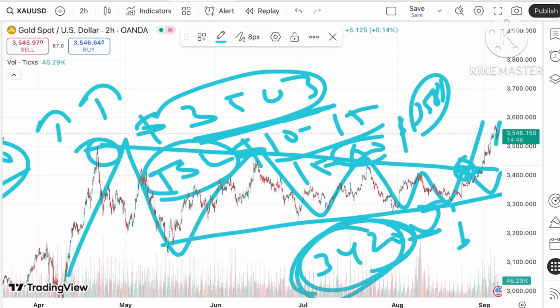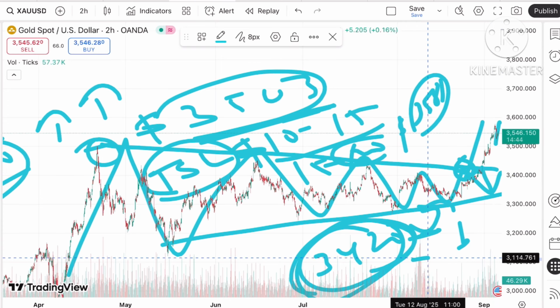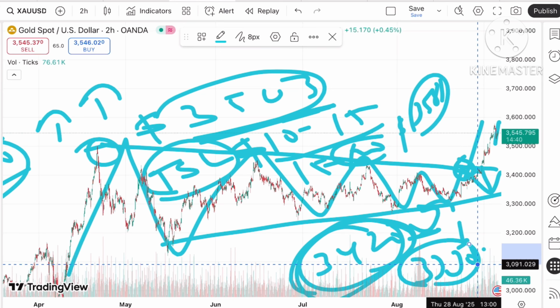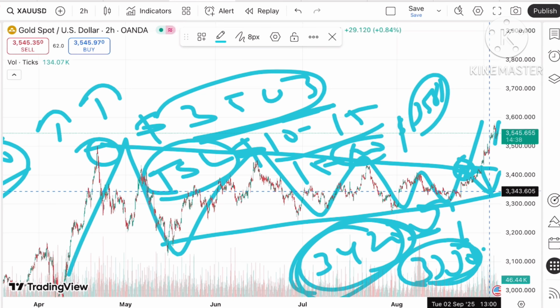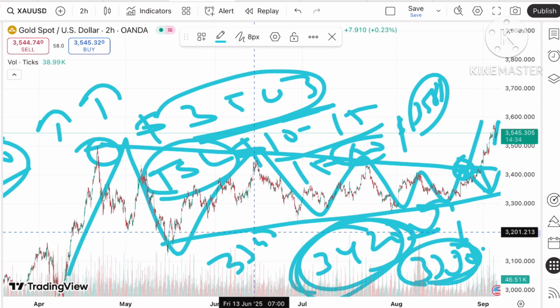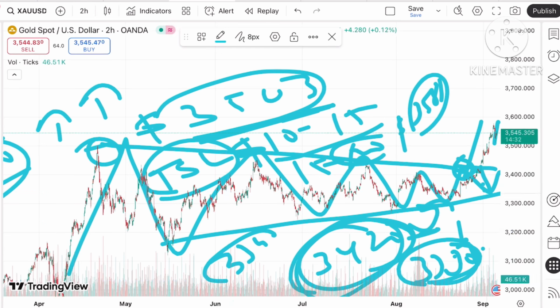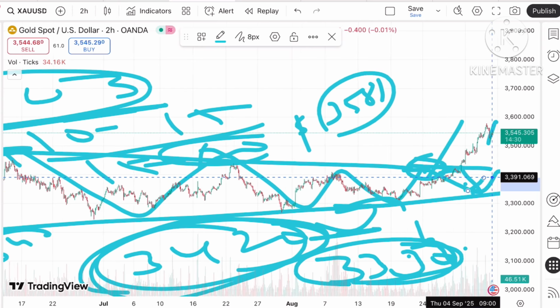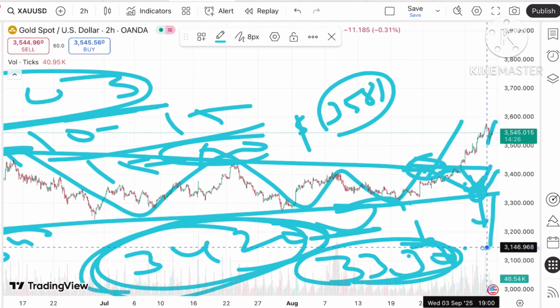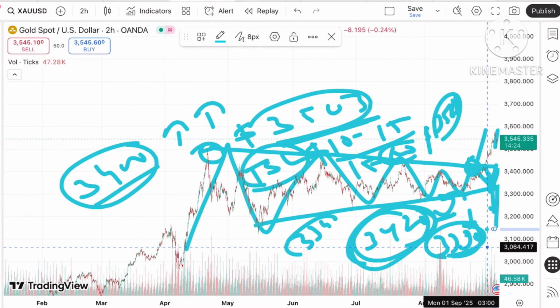Once the price starts sustaining this level and goes below 3330 or 3340, this is the point where we can see a bounce back again, and the price can move in this particular level again, or it will break this level and move further down. This is a 2 hour chart.